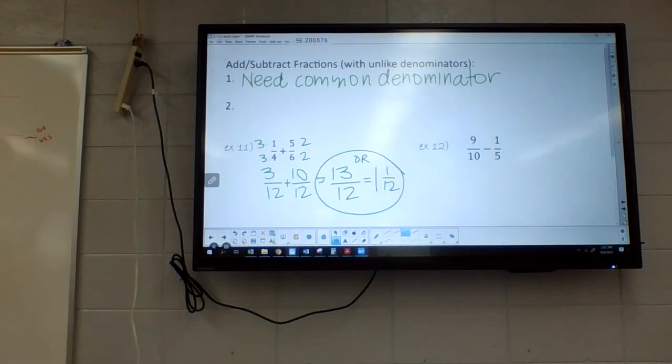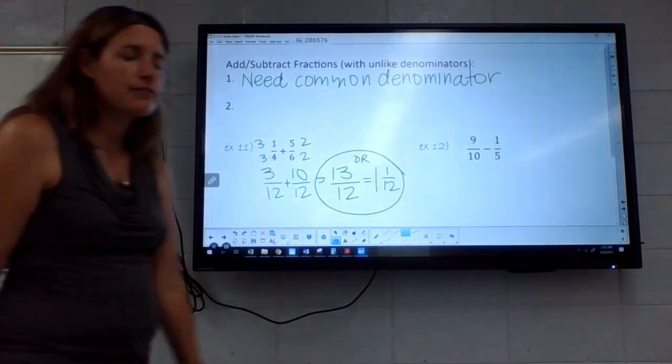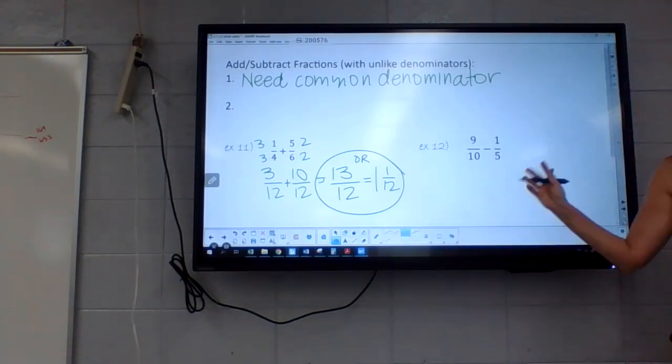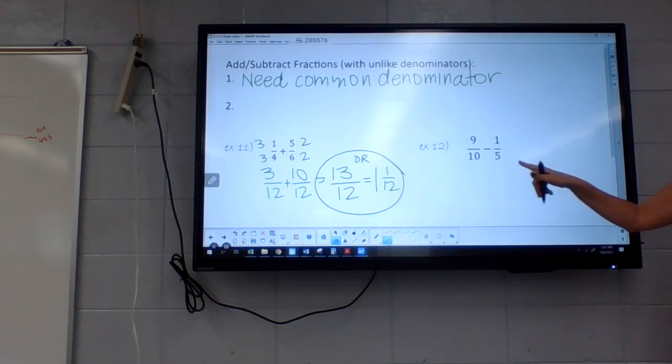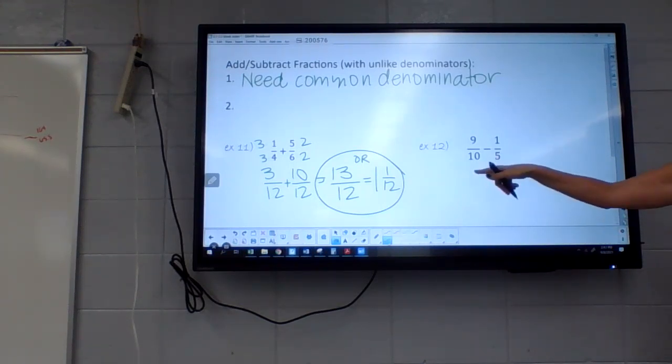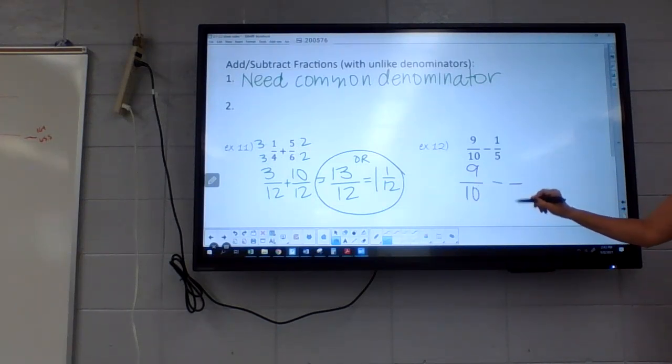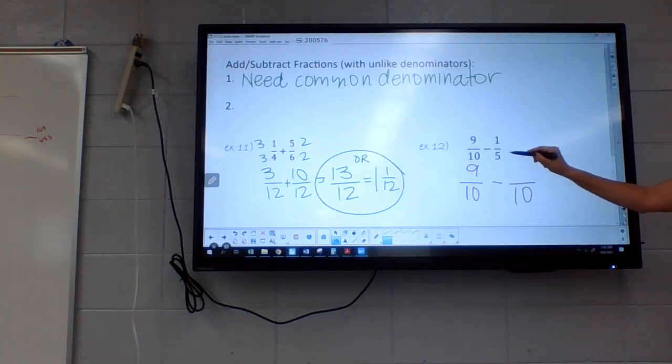If the book says one way or the other, you probably want to follow the book's directions. But if you're like, holy cow, that's not sustainable for me for a whole homework assignment, it's fine. It's up to you what you want to do. I'll do this one by hand as well, just so you can see it. This one's a little bit nicer because 5 goes into 10. So I can change the second one into a 10 by multiplying by 2.